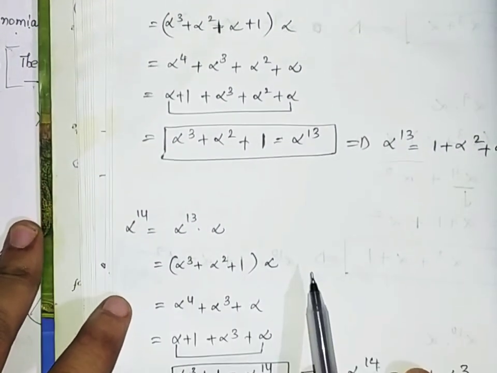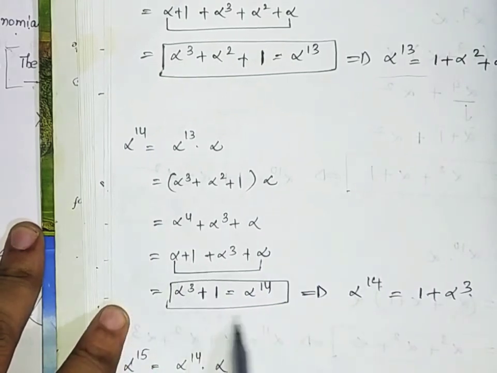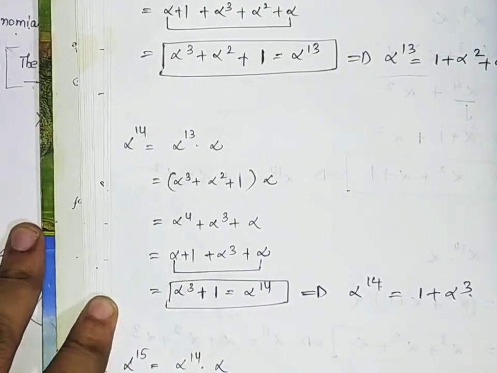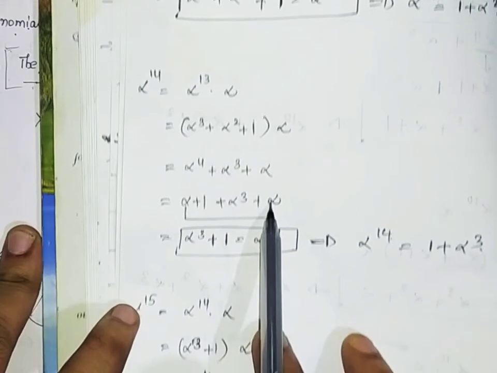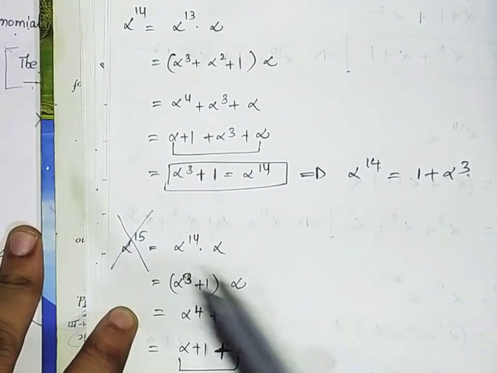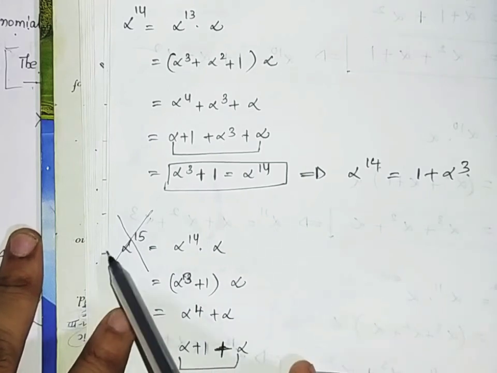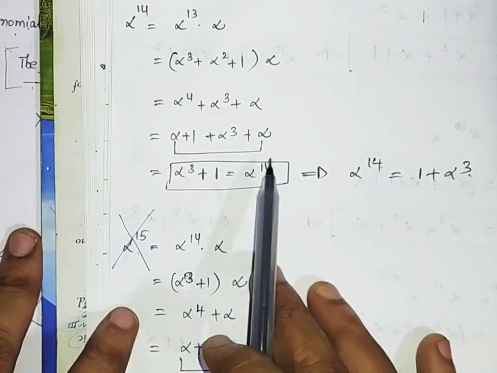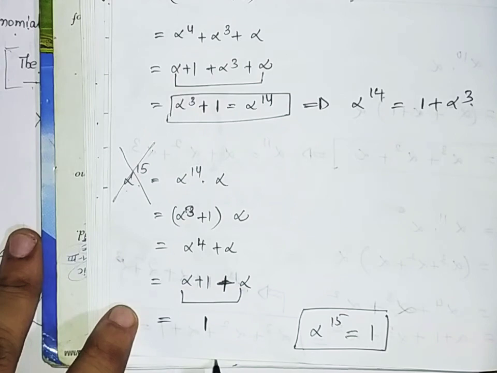And similarly calculate the alpha power 14 value. Up to here we have alpha power 14. Anyhow, we calculate alpha power 15. The value of alpha power 15 is equal to 1.